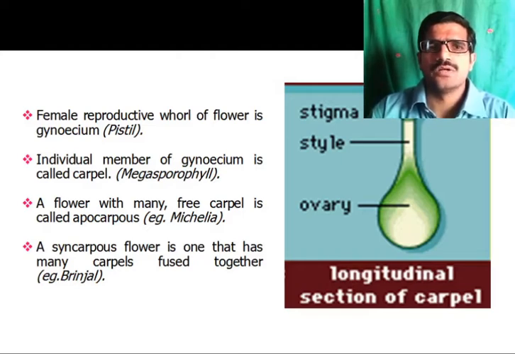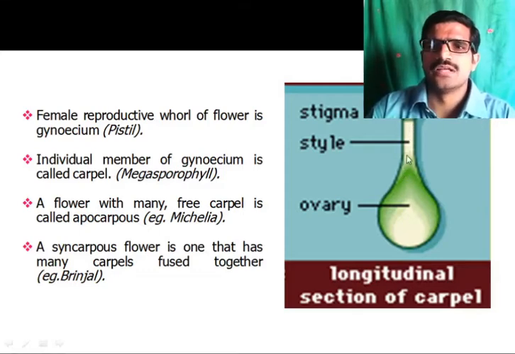Members of the gynoecium are called pistils. This gynoecium consists of ovary, style and stigma, or stigma, style and ovary. The ovary is generally oval in shape. It produces ovules.